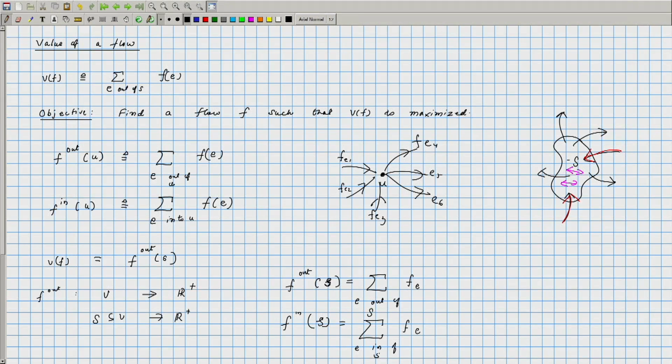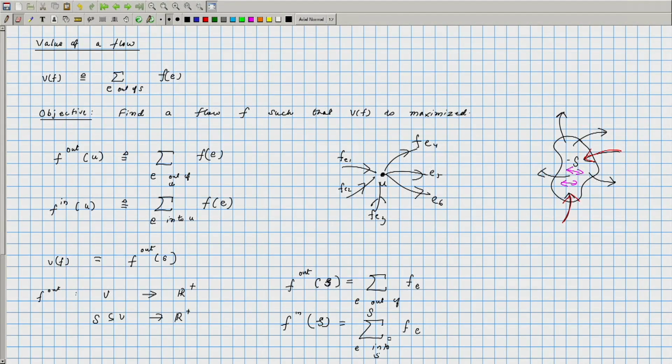That will be f in of S, and therefore we can verify that value of the flow is also equal to value of a set which contains the vertex S and does not contain the vertex T. So, if you sum up over any collection of vertices which contains S but does not contain T, that will also be the value of the flow. Okay. So, let us see why that is the case.